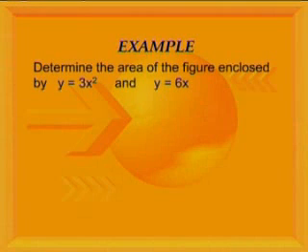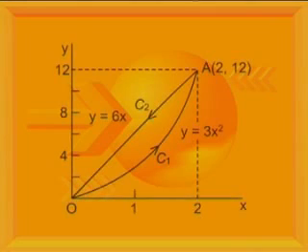Let us do that. Example 1. Determine the area of the figure enclosed by y is equal to 3x square and y is equal to 6x. As usual, first of all we will trace the diagram for this example.